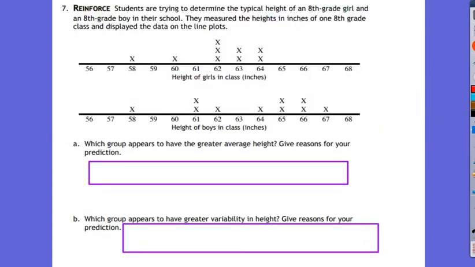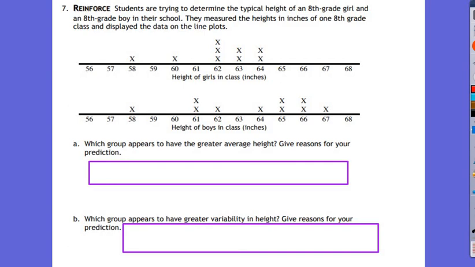I want to go to 7. We're looking at the height of girls in the class and the height of boys in the class. And A says, which group appears to have a greater average height? The girls or the boys? Boys.